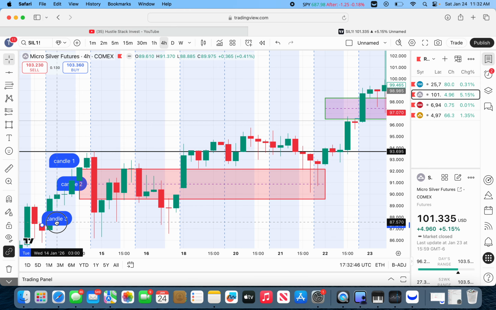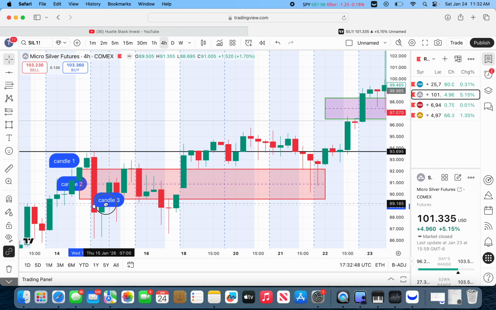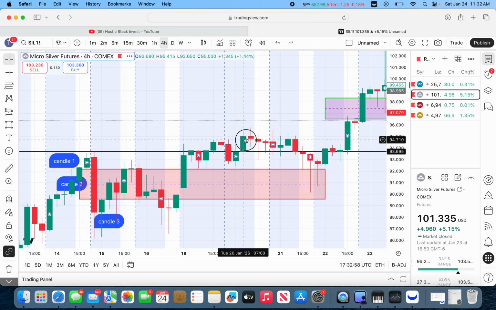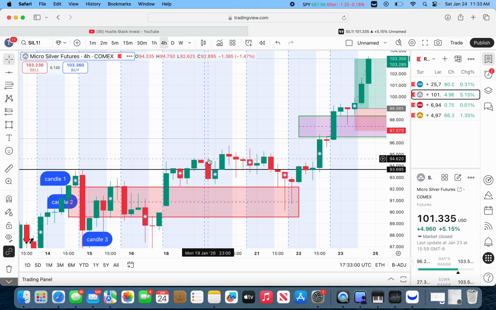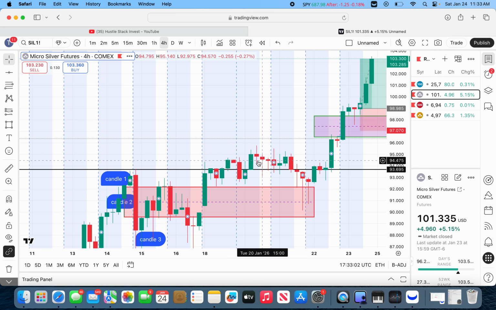And then boom, this green candle right here with this long wick will be the third candle. So once price closes above that first candle that started the fair value gap, that's showing us a sign of reversal.